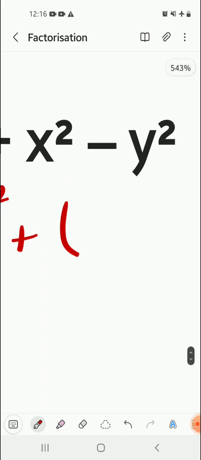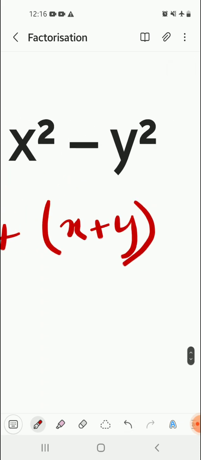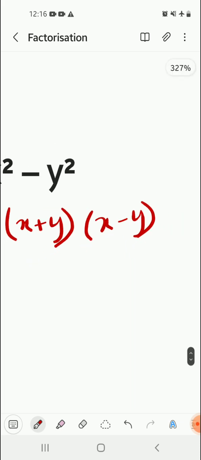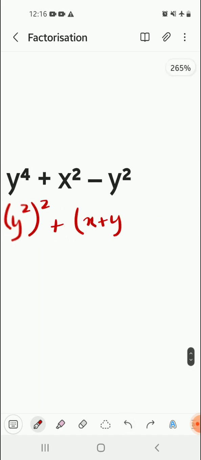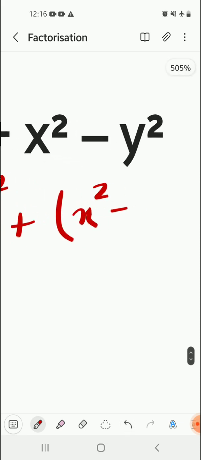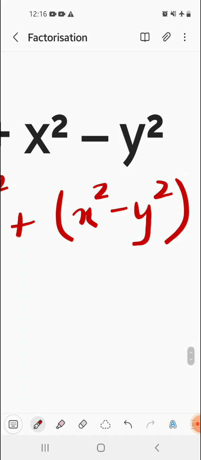So we are going to write (a + b) into (a − b). You can write it in this manner, or we can also do one thing, that is, we will simply put this within bracket, x square minus y square.